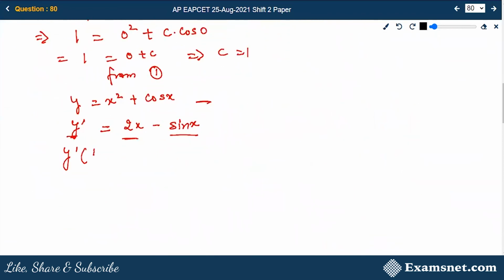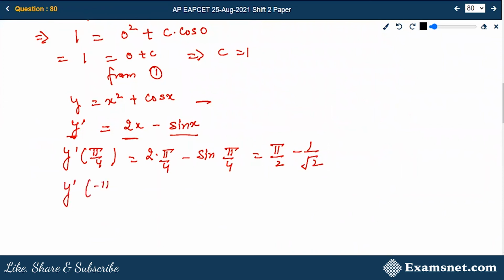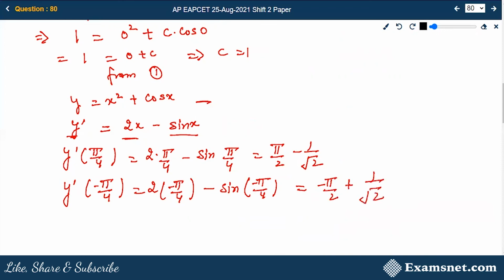Y dash of pi by 4 is 2 into pi by 4 minus sine of pi by 4, which gives you pi by 2 minus 1 by root 2. Also, y dash of minus pi by 4 is 2 into minus pi by 4 minus sine of minus pi by 4. This will give you minus pi by 2 plus 1 by root 2.